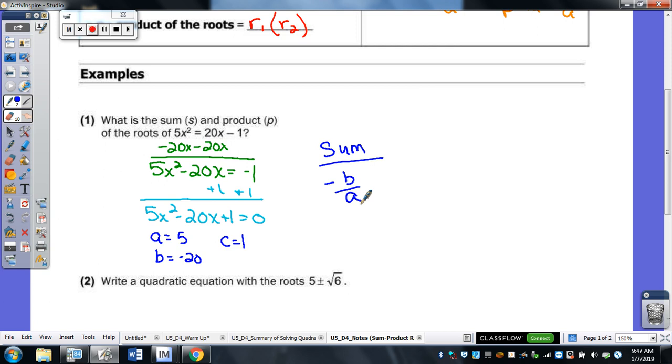So our b value is a negative 20, so we're going to have negative 20 over our a, which is a 5. So what is negative negative 20? Yeah, turns into positive 20. So 20 divided by 5 would be 4. The sum of our roots is 4.